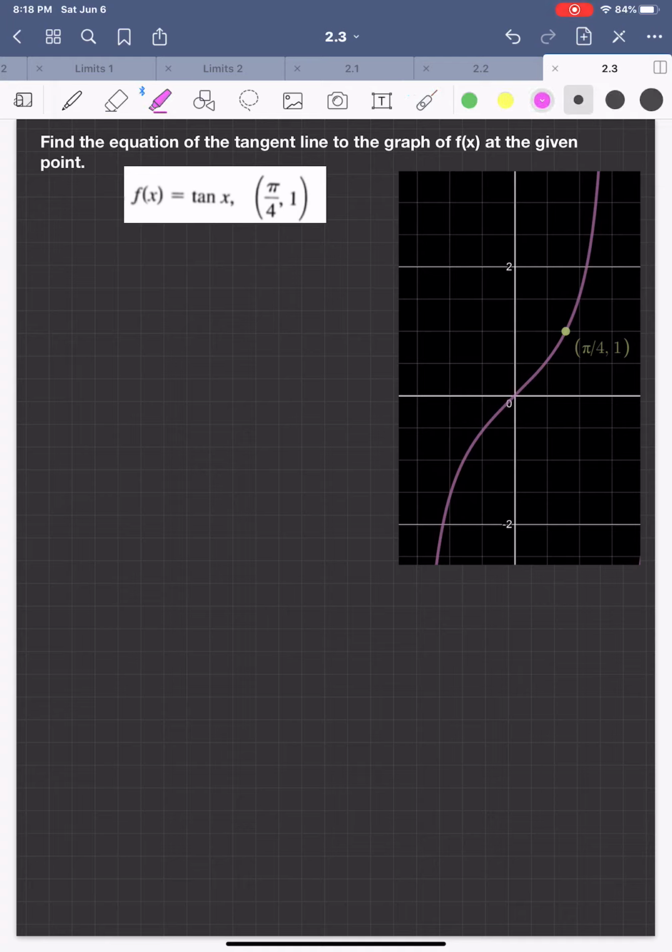Hopefully you are starting to pick up on when you read equation of tangent line that means the answer should be in y equals mx plus b form. If it were to say things like find the equation of the tangent line in standard form, or slope-intercept form, I don't want to dwell on this very much, but I can see it tripping you up.